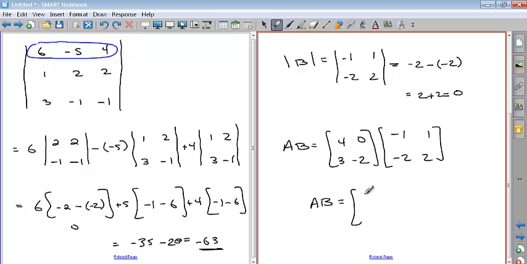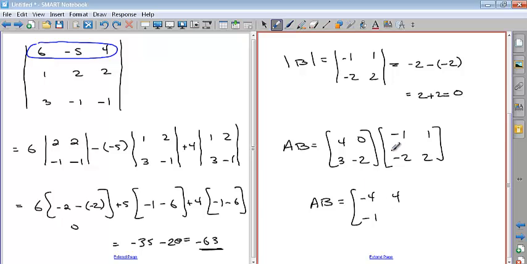So the entry up here is 4 times negative 1, which is negative 4, plus this, which is 0, so it's negative 4. This entry is first row times the second column, so you have 4 times 1 plus 0 times 2, so that's 4. This entry is this row in this column, so you get negative 3 plus 4, that's going to be negative 1.